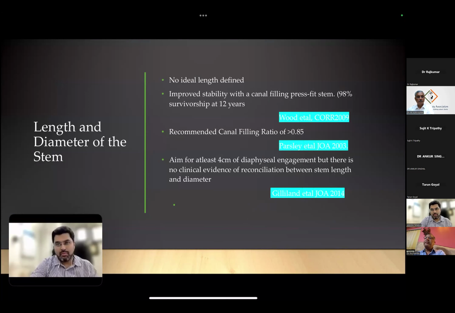The recommended canal filling ratio is more than 0.85. The aim is at least 4 centimeters of diaphyseal engagement, but there is no clinical evidence of reconciliation between the stem length and the diameter. So there is no ideal length, no ideal diameter, though it should have at least 4 centimeters of diaphyseal engagement, and the canal filling ratio should be more than 0.85.